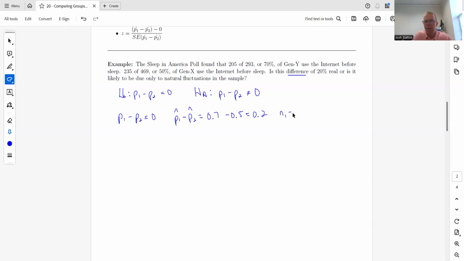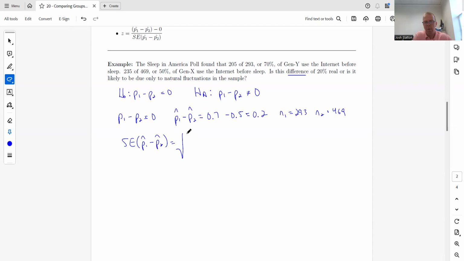And here we have two n's, so we have n1 is 293, n2 is 469. Then we can find the standard error of p1 hat minus p2 hat.